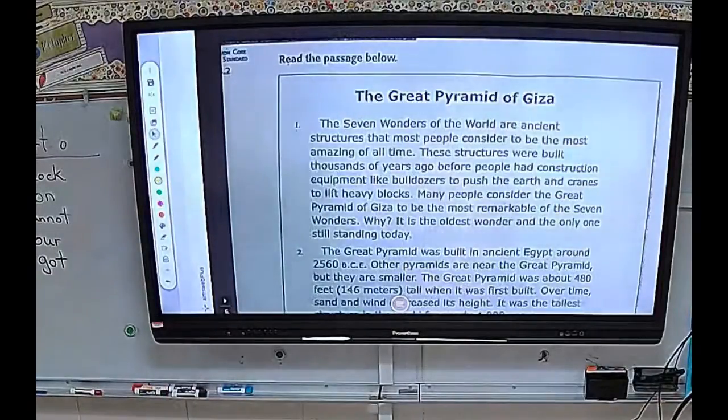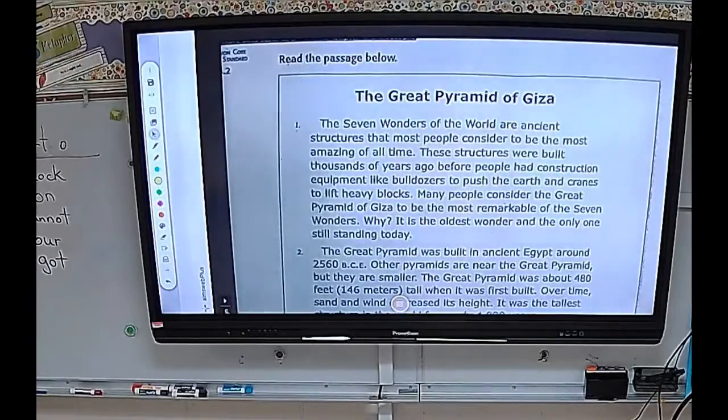The 7 wonders of the world are ancient structures that most people consider to be the most amazing of all time. These structures were built thousands of years ago before people had construction equipment like bulldozers to push the earth and cranes to lift heavy blocks.